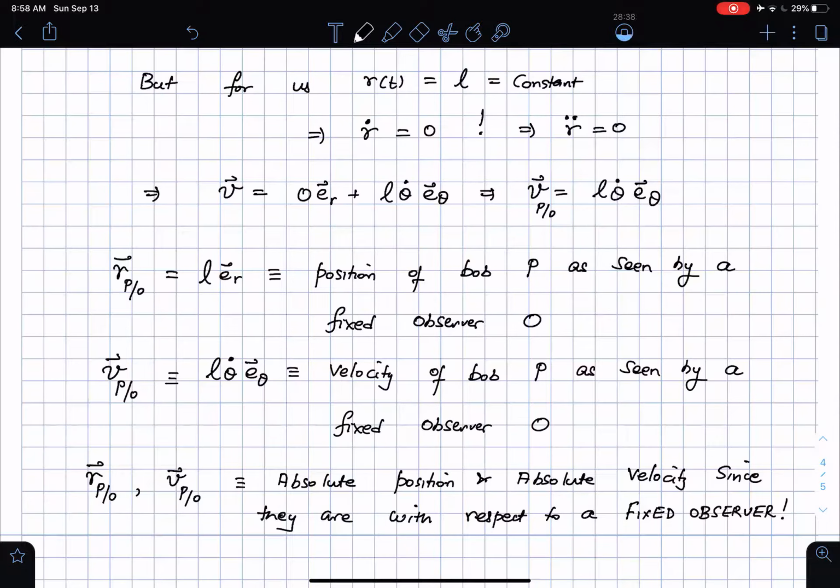Okay, that is the important thing here, so I'm going to underline that. So that's a fixed observer. These are called the absolute position and the absolute velocity vectors.